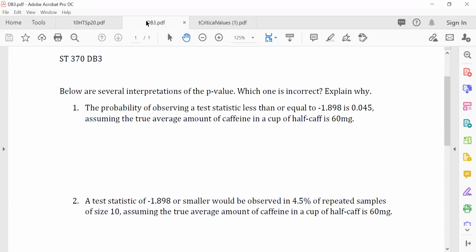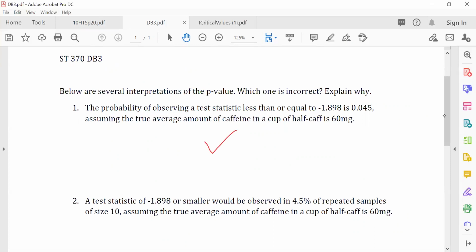The probability of observing a test statistic less than or equal to negative 1.898 is 0.045, assuming the true average amount of caffeine in a half cup is 60 milligrams. That one is correct.